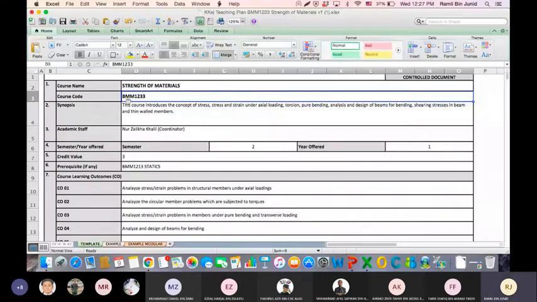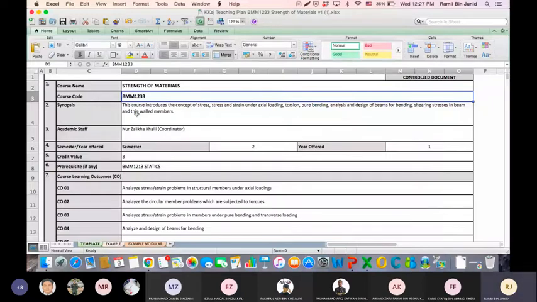Okay, so BMM, Bachelor of Mechanical Engineering, and then 1, 2, 3. The one typically represents first year students. Typically, this subject is taken by first year students because it is a core subject. Core subject means a subject that everyone has to take.